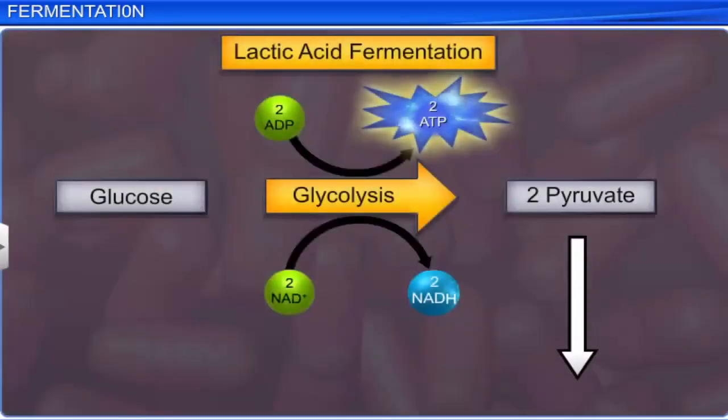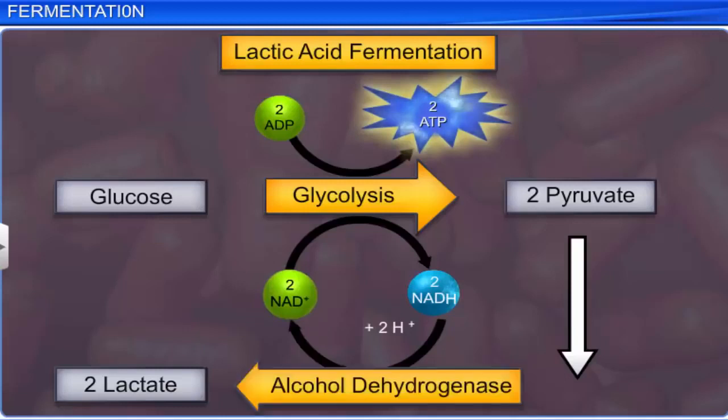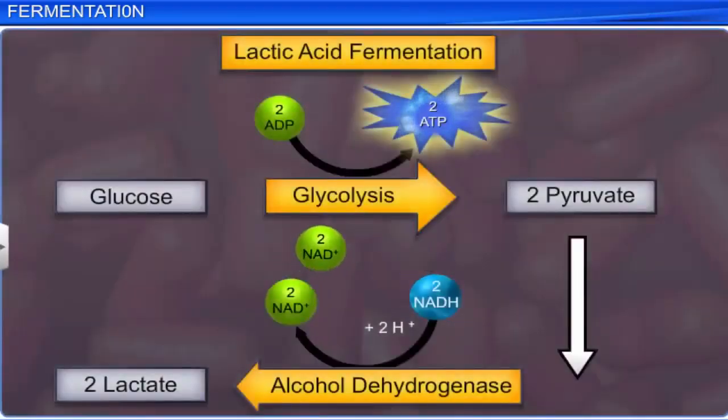In them, pyruvic acid is reduced to lactic acid or lactate. The NADH formed in the glycolysis process is reoxidized to NAD+ by alcohol dehydrogenase to be reused in the glycolysis process.